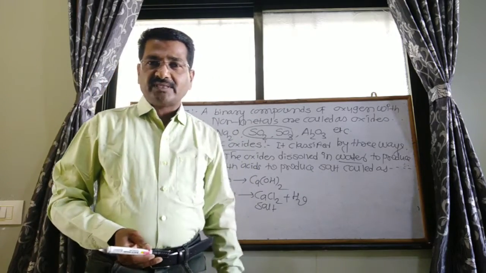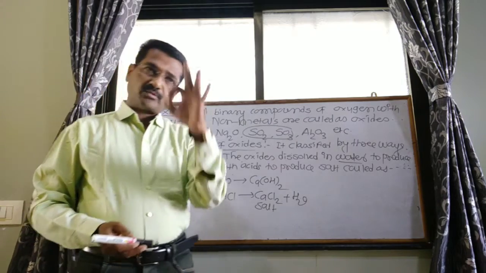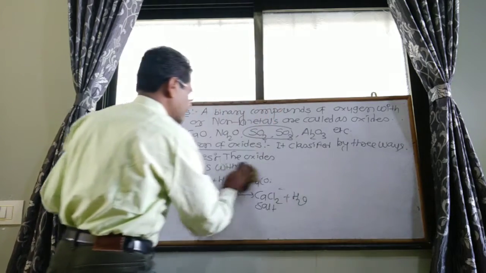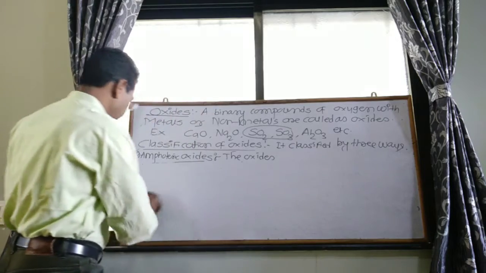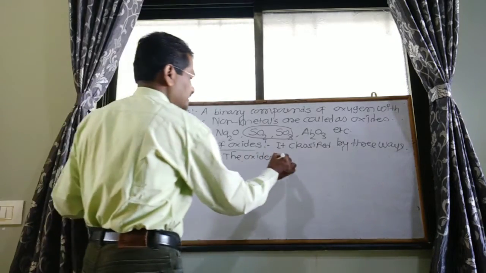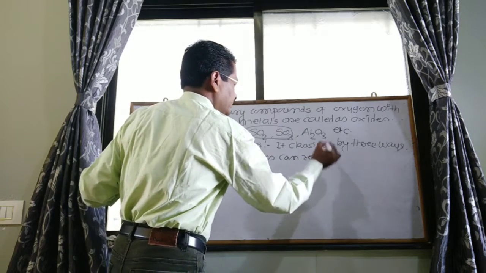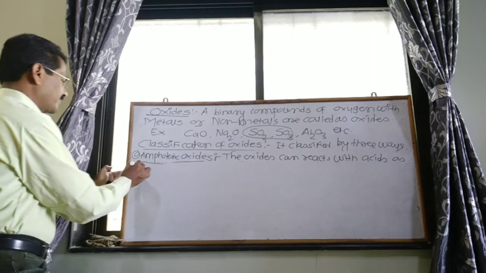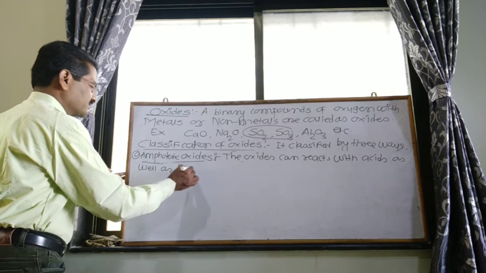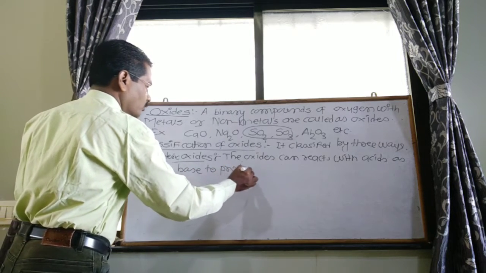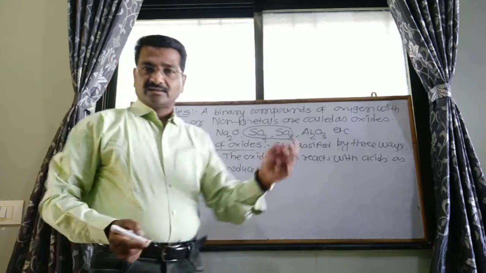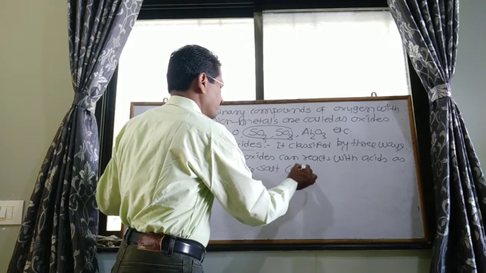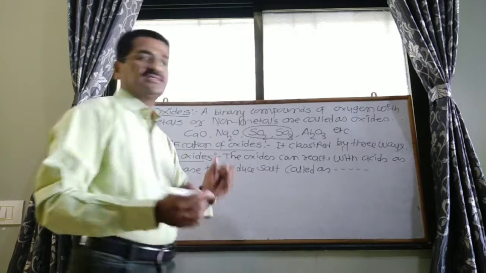The oxides which react with acids as well as base to produce salt and water are called amphoteric oxides.